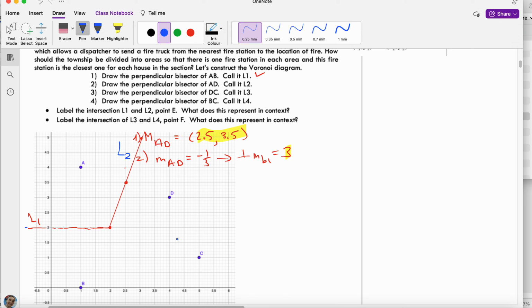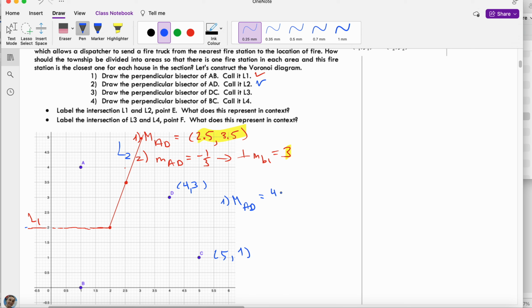Okay, so next thing, we are going to have to split D and C. So again, let's start the same process again. First, we're going to do the midpoint. And you know what, just for fun, I'll use the formula, okay? So D is 4 and 3, and C is 5 and 1.